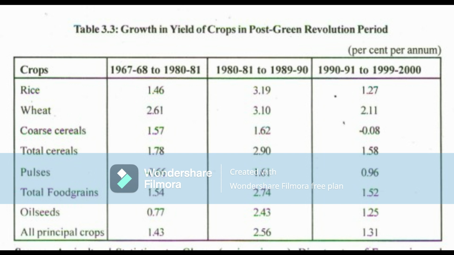A major issue which came up with the advent of the Green Revolution strategy was the instability in production. It may be seen from the figure that yield instabilities in the case of rice and wheat, which are the major constituents of food grain production, decreased immediately after the Green Revolution, but later they started increasing.